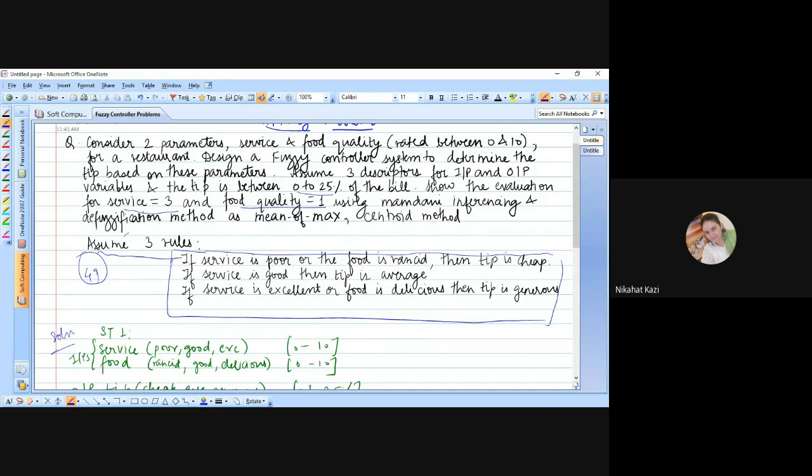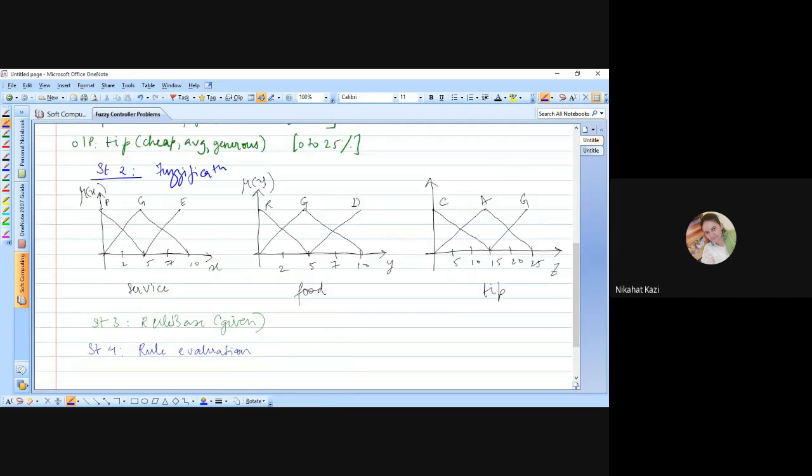So if you see the inputs that are given here, service and food quality, you check in which rules it is mapping first of all. Service is 3. So you need to look at the membership functions, I mean the graphs that you've drawn, right? Service is 3. Look at the service plot, you will see that 3 lies in which range, right?